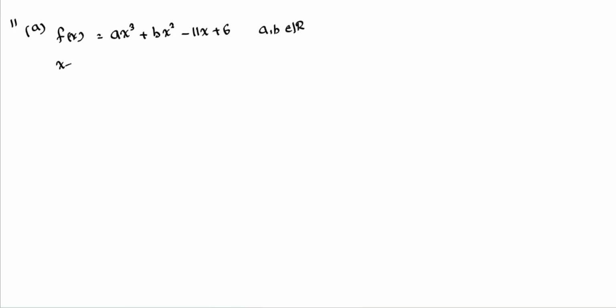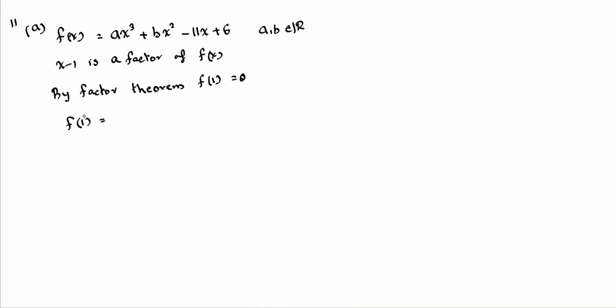They are telling us that x minus 1 is a factor of f(x), which means by applying the factor theorem, f(1) should be equal to 0. So f(1) means wherever you have x, put 1: a times 1 to the power 3 plus b times 1 to the power 2 minus 11 times 1 plus 6, which is a plus b minus 11 plus 6.